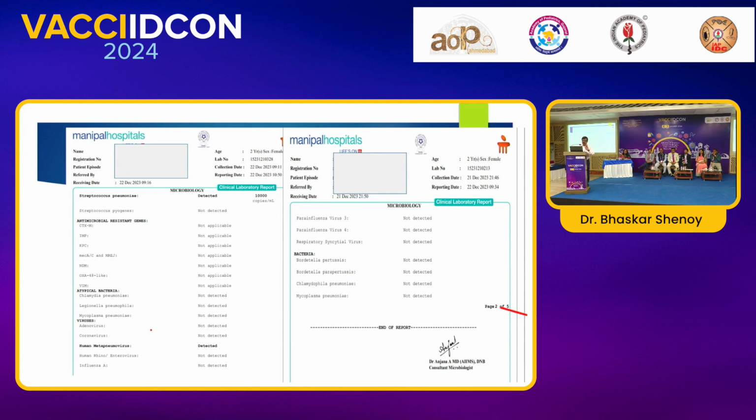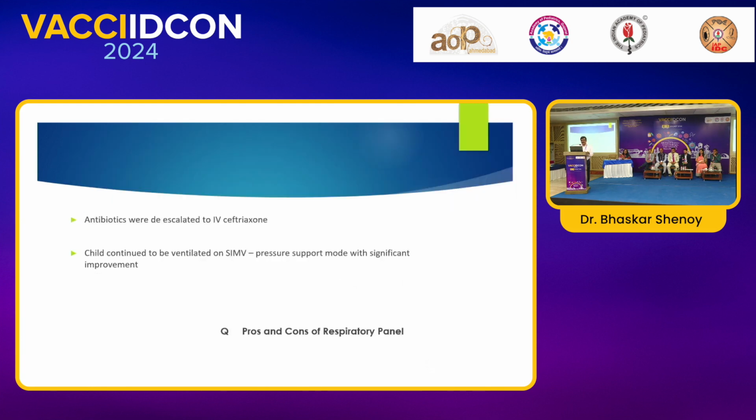Now you have the answer. Antibiotics were de-escalated, and then we continued the full course, and the child has now shifted to the ward, stable. Of course, it is a politician's, a minister's grandchild, so everyone was on their toes.